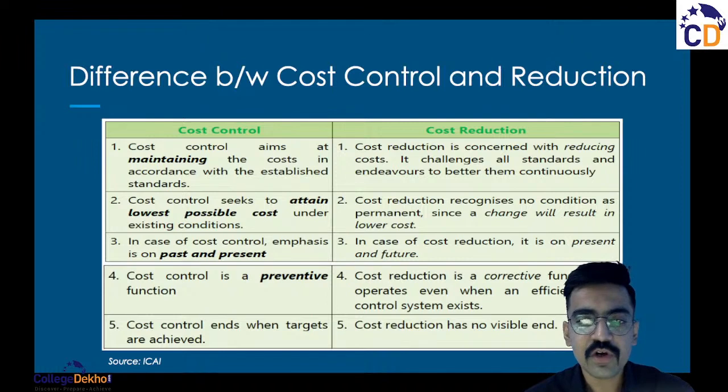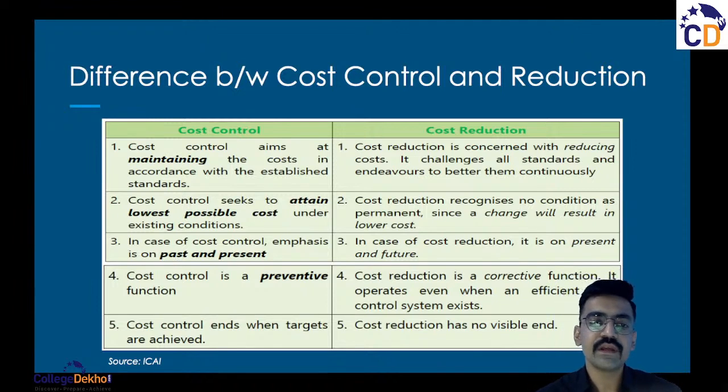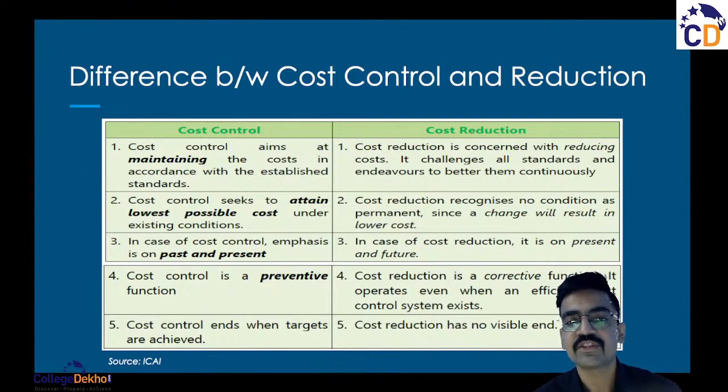In case of cost control, emphasis is on the past and the present. Past in the sense that whatever cost has been incurred by the company for the same amount of raw material in different periods of time, and what is the standard that has been established until now, and if the company has been able to follow this standard, and what is the reality of this set standard as of today.